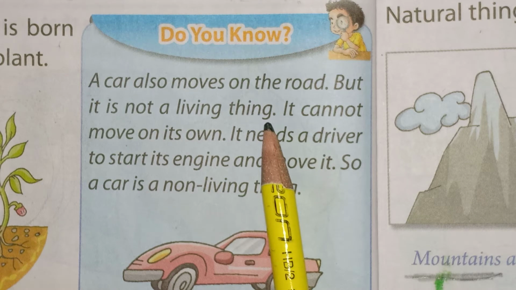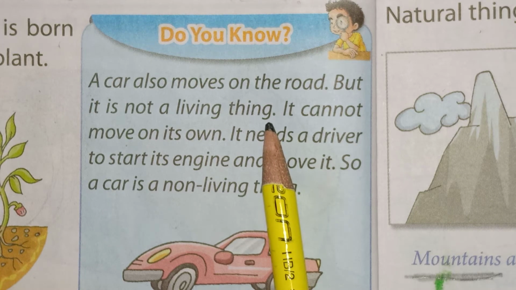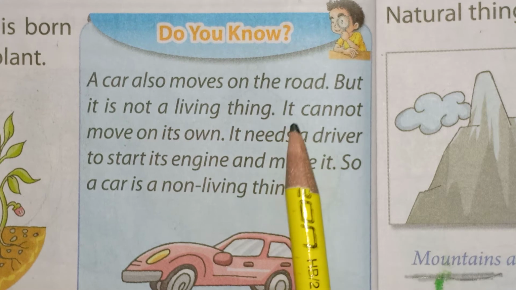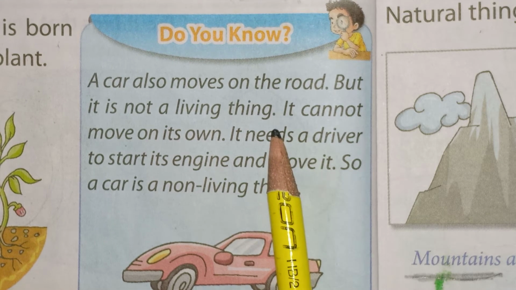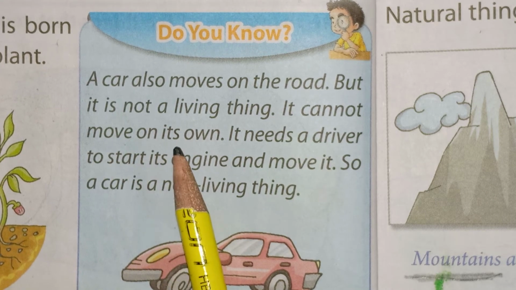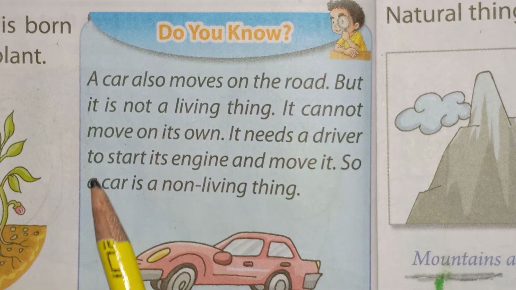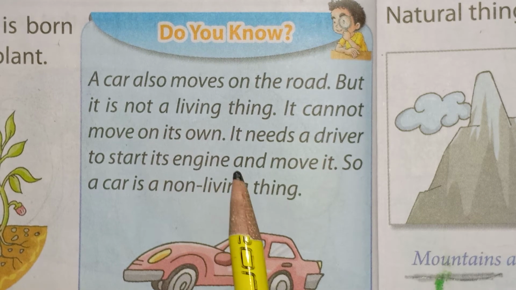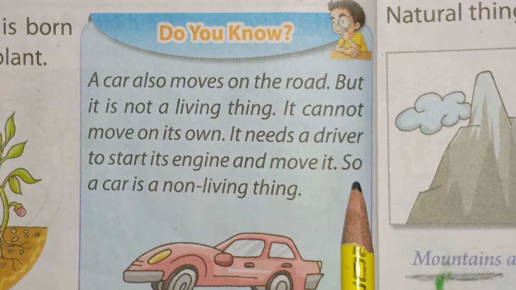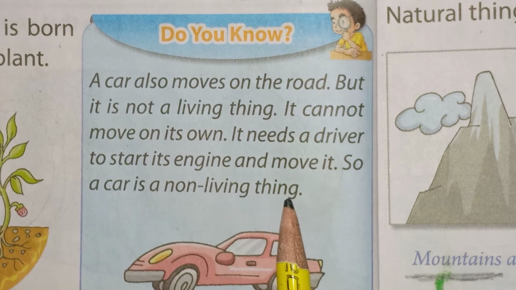The characteristic of living things is that they can move from one place to another on their own. But this is a car. You need a driver. It cannot move on its own. It needs a driver to start its engine and move it. So, a car is a non-living thing.